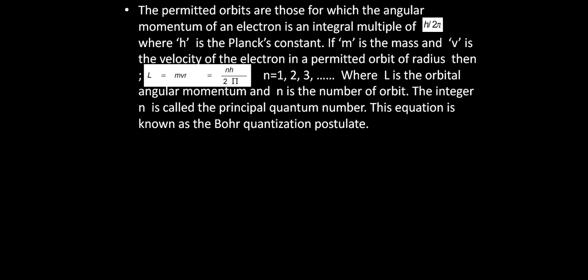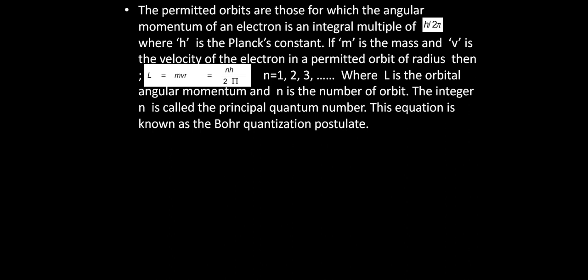If m is the mass and v is the velocity of the electron in a permitted orbit of radius r, then L, which is the angular momentum, equals mvr, which equals n times h by twice pi, an integral multiple of h by twice pi, where n can be any natural number, L is the orbital angular momentum and n is the number of the orbit. The integer n is called the principal quantum number. This equation is known as Bohr's quantization postulate.